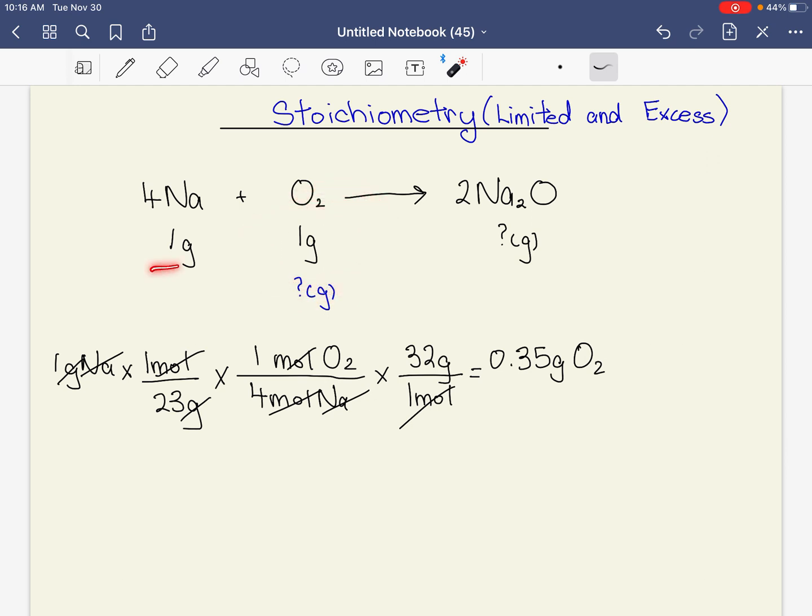If I were to react 1 gram of sodium, all I need is 0.35 grams of oxygen. But I'm given 1 gram. I'm given too much oxygen. That means 1 gram of oxygen is the excess reagent, which means sodium in this case is the limiting reagent.